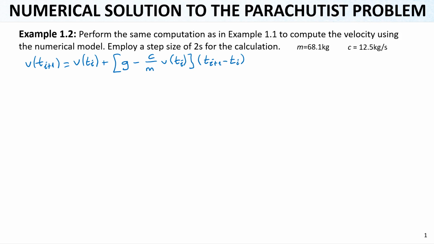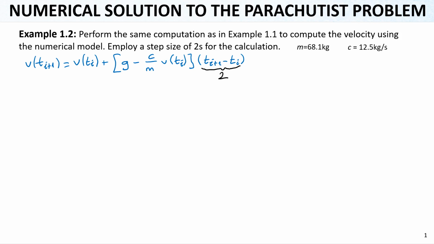This final term is the step size, so we can just say that this is 2, meaning that we will increase the time with increments of 2. And the initial velocity will be 0.